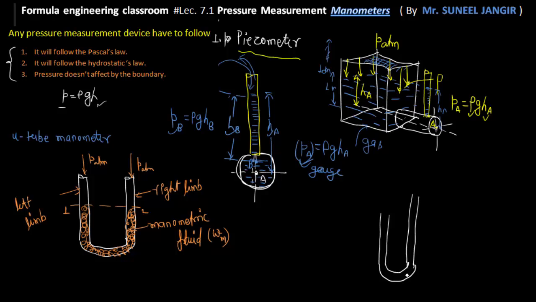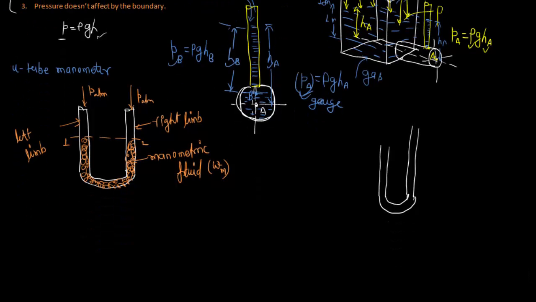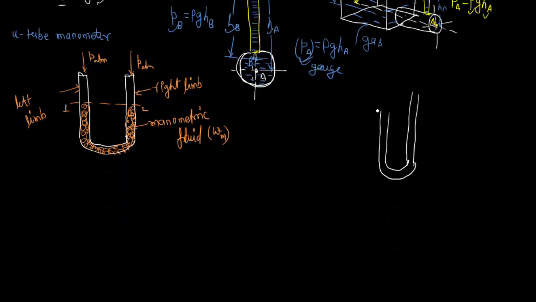Okay, these are connected, and this end is connected to some pipe. Okay, and initially the level was here when the U-tube was not connected to this pipe. That was 1 and 2.